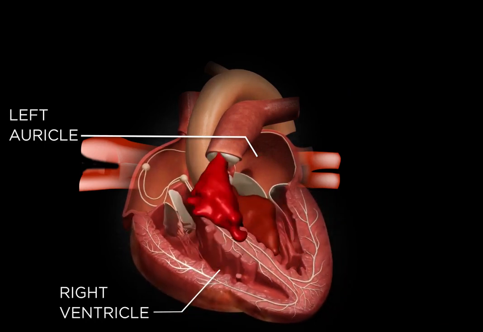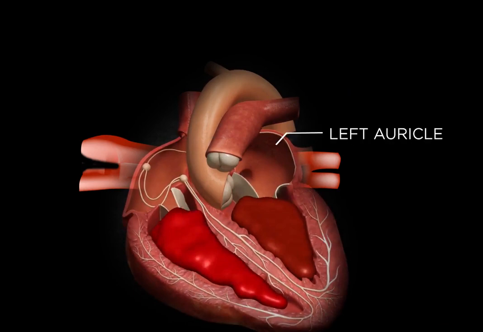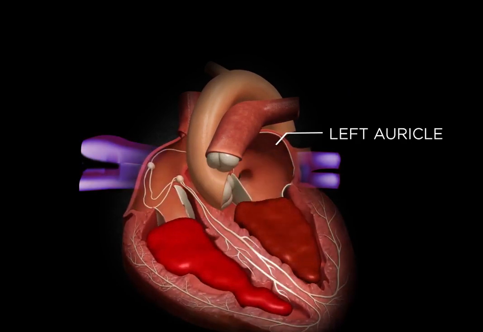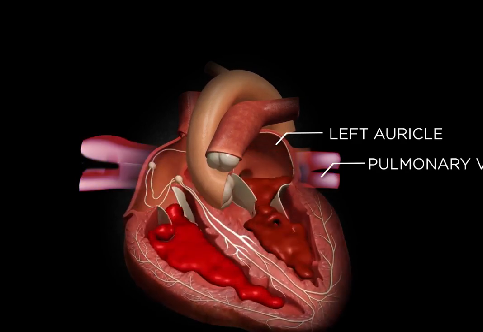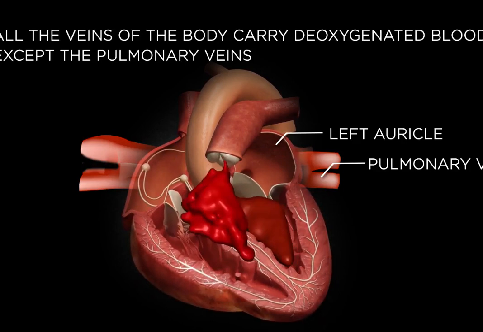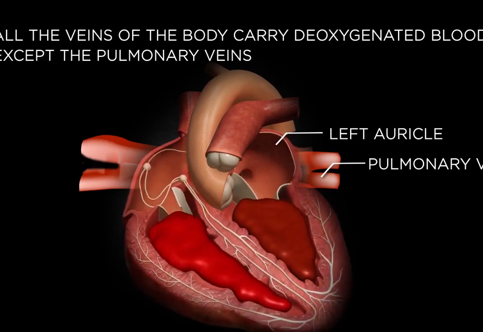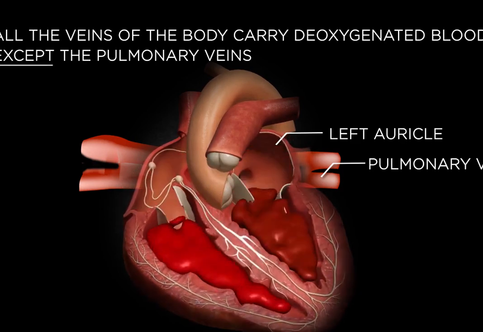The oxygenated blood is carried into this chamber, that is the left auricle, via these four tubes. These four tubes are the pulmonary veins. Now once again, the veins of your body carry deoxygenated blood except the pulmonary veins.